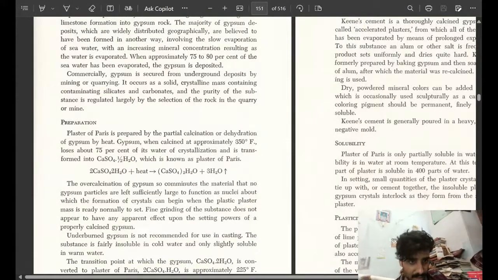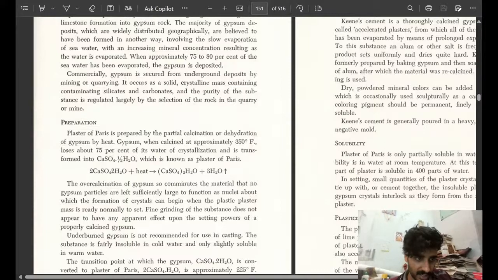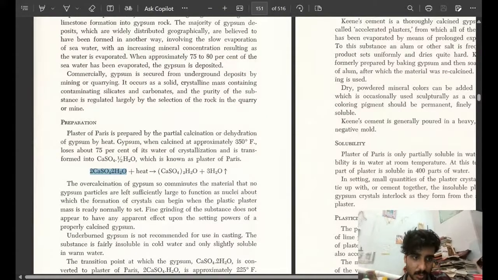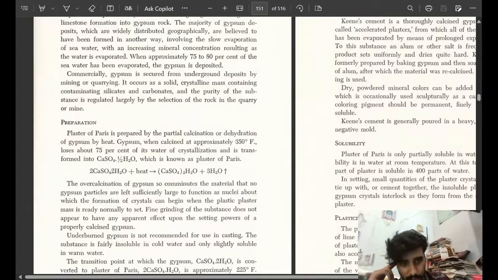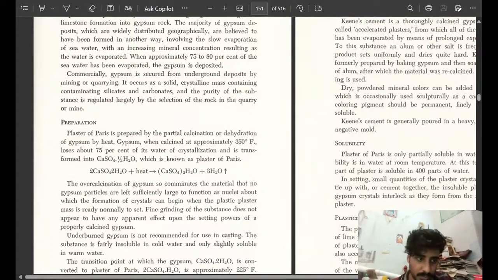You can see the chemical equation here also: 2 CaSO4·2H2O plus heat leads to 2 CaSO4·1/2H2O plus 3 H2O.